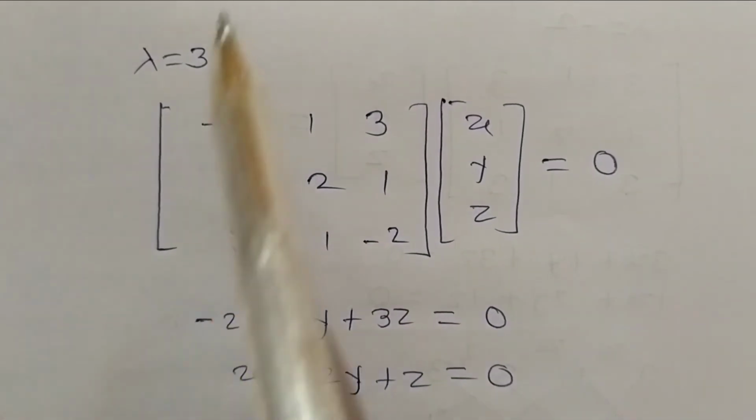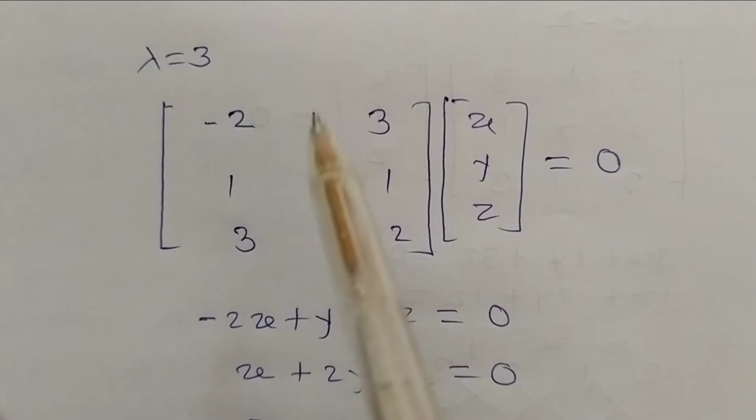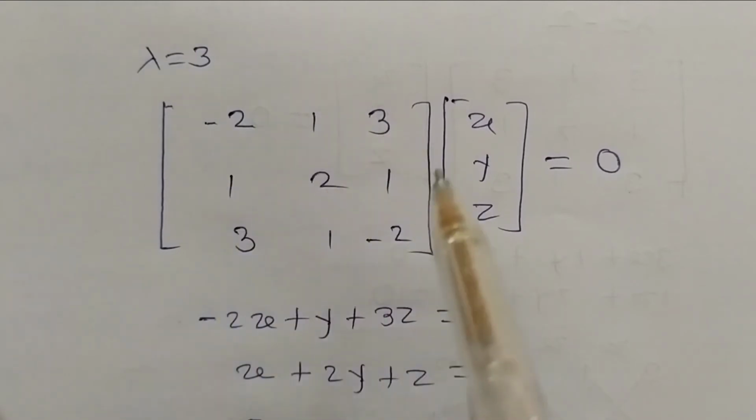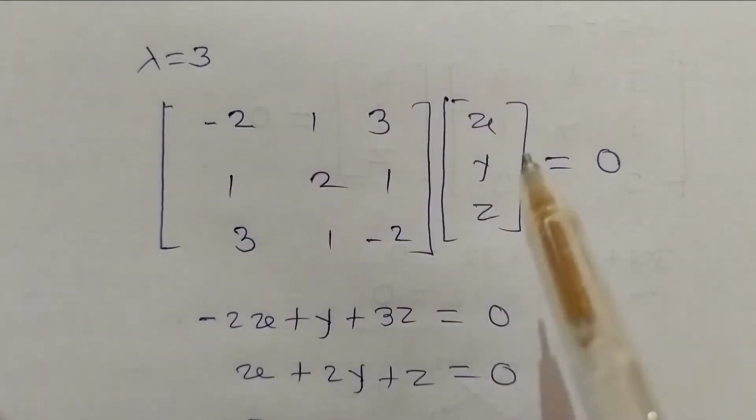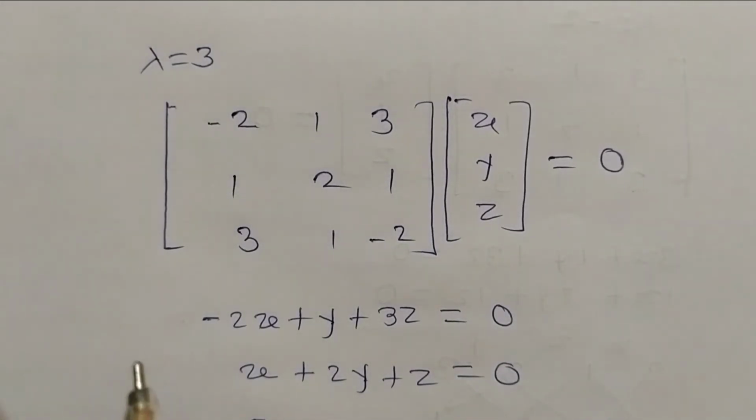When we take lambda is equal to 3, our matrix becomes minus 2, 1, 3; 1, 2, 1; 3, 1, minus 2, times x, y, z is equal to 0. So the equations are minus 2x plus y plus 3z is equal to 0, and x plus 2y plus 1z is equal to 0.